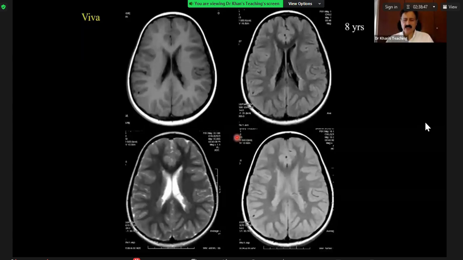Here they have arrested, and the location here is subependymal. They can also arrest within the white matter, like for example, this particular nodule you were referring to, but at times they arrest here in the cortex. We will see them subsequently.